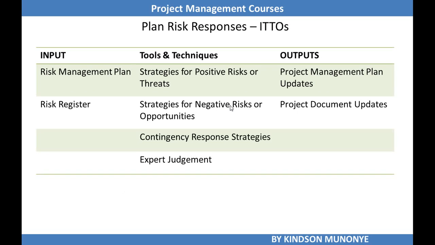We have two inputs to planned risk responses, and they are the risk management plan and the risk register. There are four tools and techniques used for planned risk response: strategies for negative risks or threats, and strategies for positive risks or opportunities. I think I'm mixing it up. It should be strategy for positive risks or opportunities.